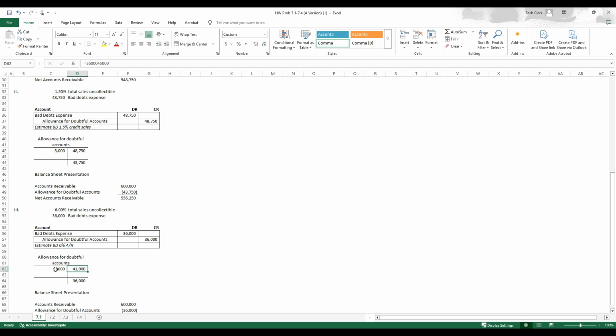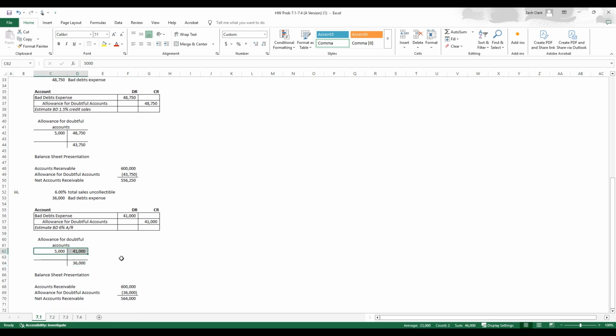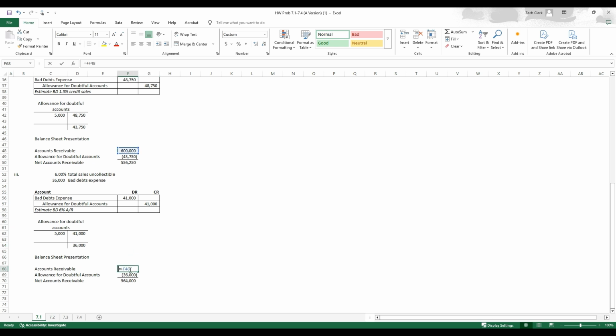A 41,000 credit balance minus a debit of 5,000 gets us to the target balance of 36,000. So in other words, our number there is 41,000 to get us to end at 36,000. So that's the important distinction between the two different methods, and that we need to factor in the current balance in the allowance account when we're doing the AR method. Okay. And then same thing, we've got 600,000.